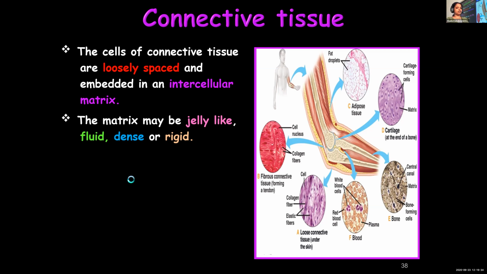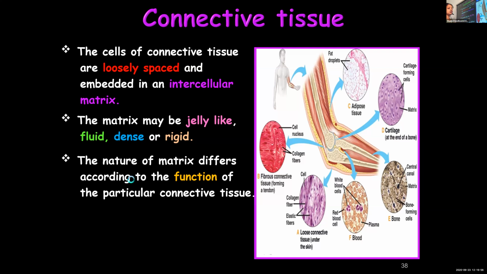Each type of connective tissue has a different type of intercellular matrix. It can be jelly-like, it can be fluid type, it can be very thick, dense and rigid. Stiff and rigid, or very fluidy, or gel-like. And all that depends on the function the connective tissue has to perform.